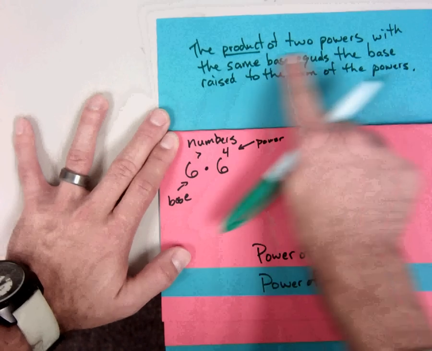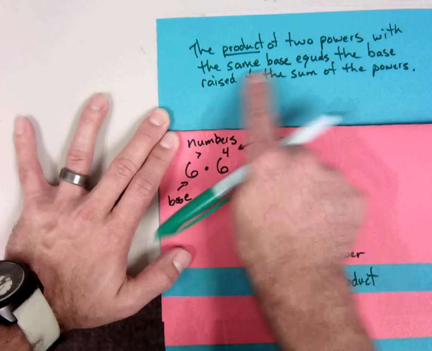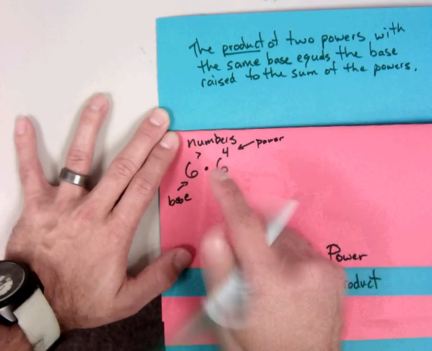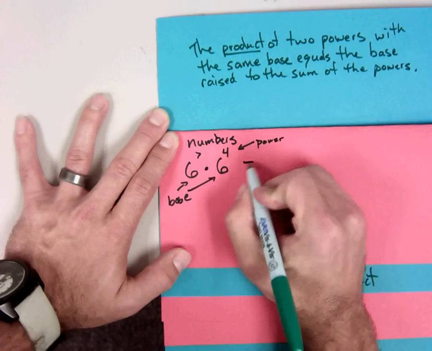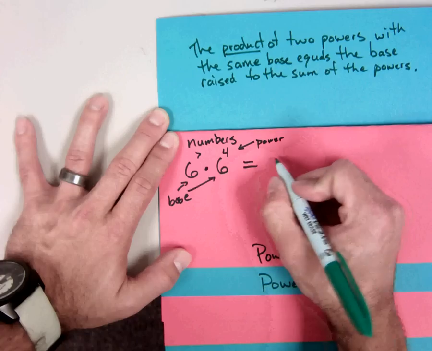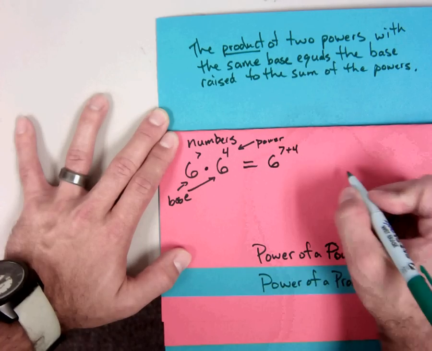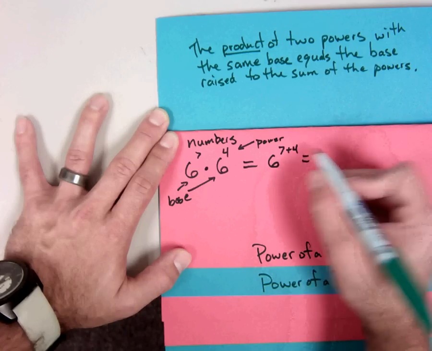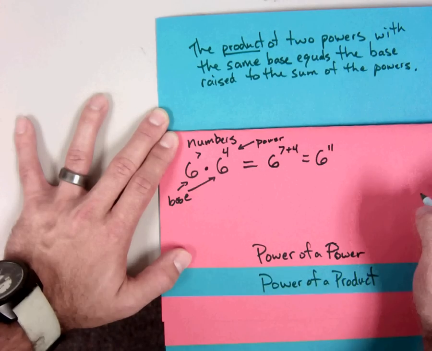It says that the product of two powers, the product, okay, with the same base, our base is 6, equals the base raised to the sum of the powers. So we're going to take this base 6, and we're going to find the sum of the powers. So that should be 7, 8, 9, 10, 11. So 6 to the 11th power.